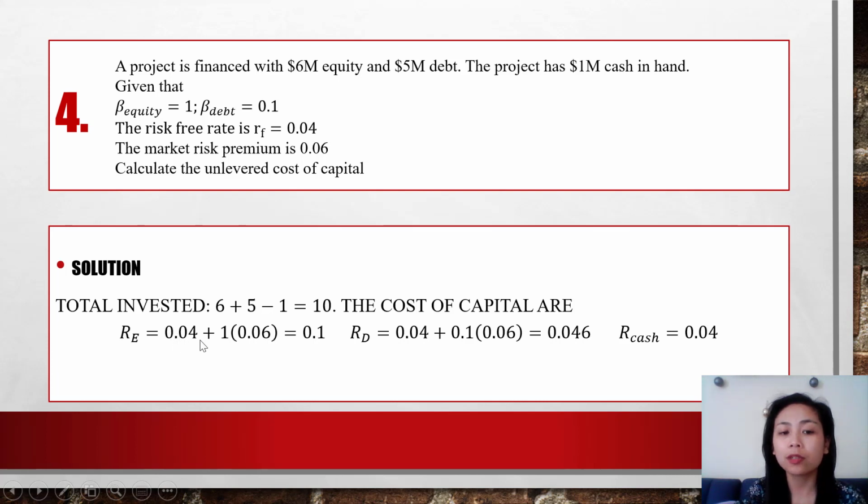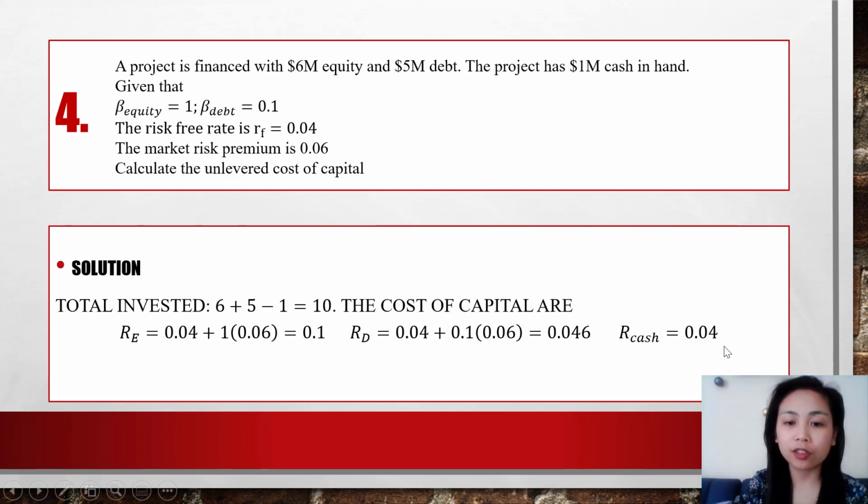So it's 0.04 plus 1 times 0.06, and we got 0.1 for RE. Now for RD, RD is RF plus beta D times risk premium. So we got 0.04 plus 0.1 times 0.06, and we got 0.046. And for cash, remember cash is risk-free, so beta of cash is 0. So the cost of capital for cash should be exactly the risk-free rate, and it is 0.04.